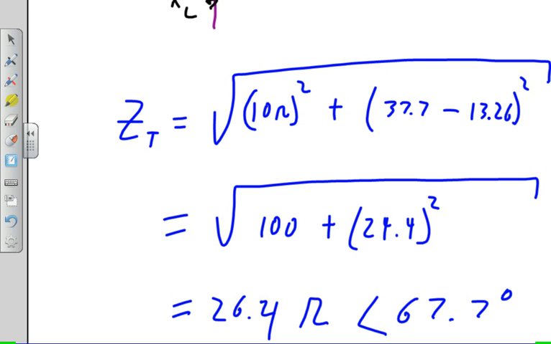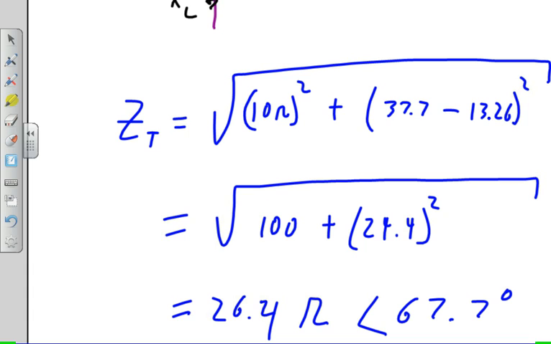But on this calculator, what I need to do is clear it first, put in the 10, the XY key, which is right there, and then put in 24.4. I'm going to hit the equal button. And then there's a rectangular to polar conversion key on the bottom. Third function, rectangular to polar.